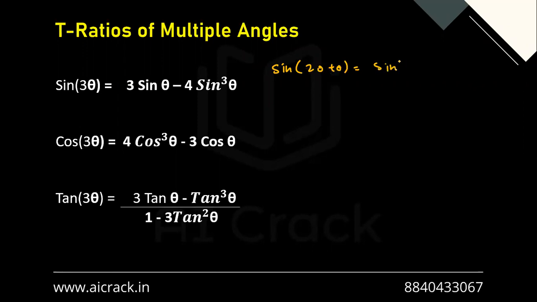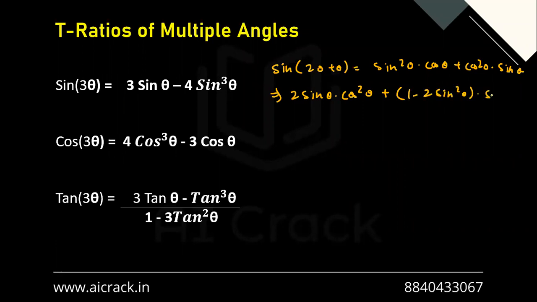So that is sin a cos b plus cos a sin b, right? Now I'll write sine 2 theta as 2 sin theta cos theta, and cos theta dot cos theta is cos square theta, plus cos 2 theta. I'll write this in sine form because we have to prove it in sine form, right? So I'll write it as 1 minus 2 sine square theta dot sin theta.